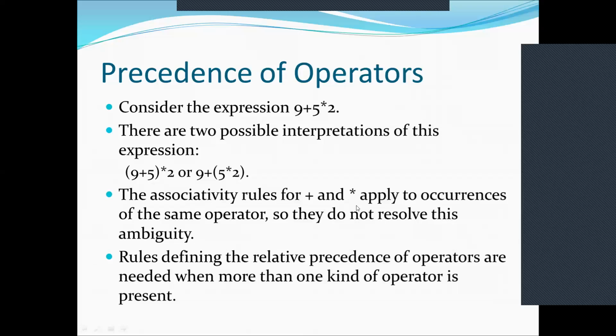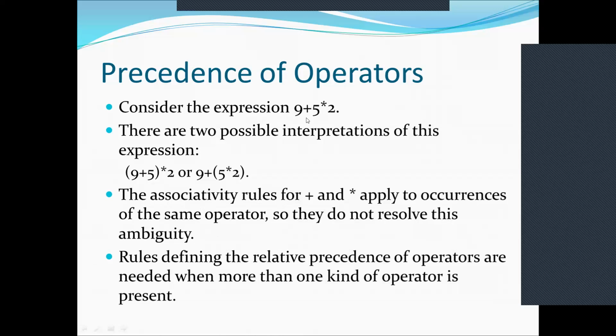The rules for plus and star apply to occurrences of the same operator, so they do not resolve this ambiguity. Meaning, whatever rule for plus is there, the same rule is there for star. What is the rule?